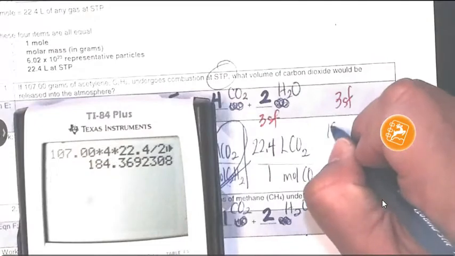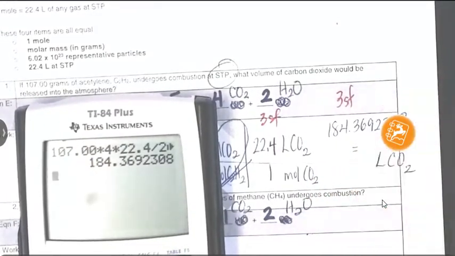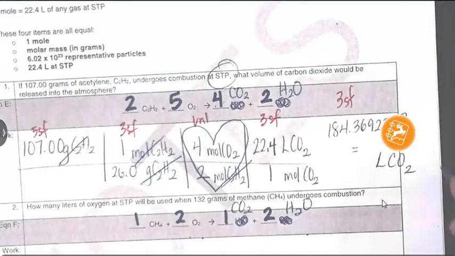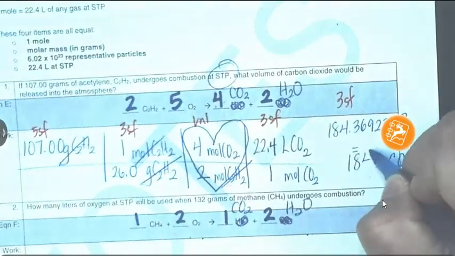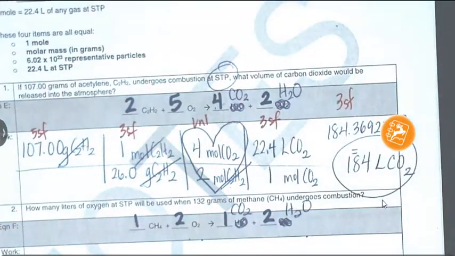You should get in your calculator 184.369238, but I only need 3 sig figs, so we should have 184. Everybody okay with that? Okay.